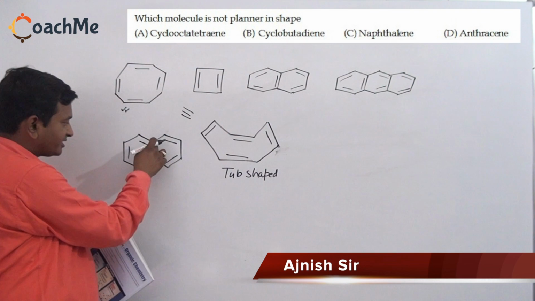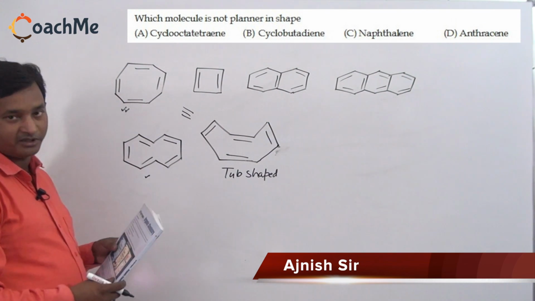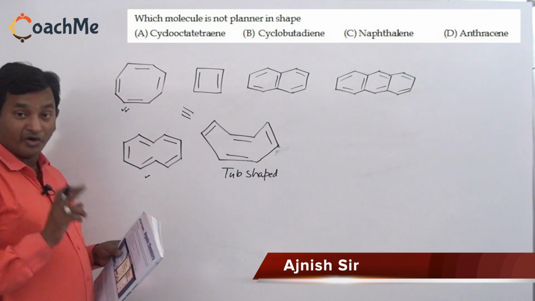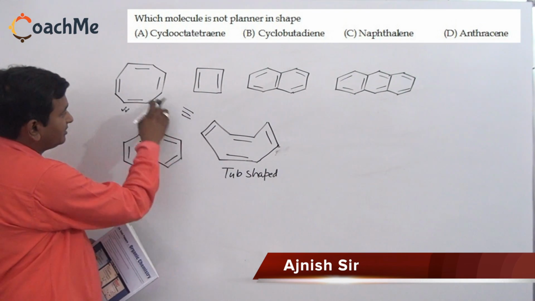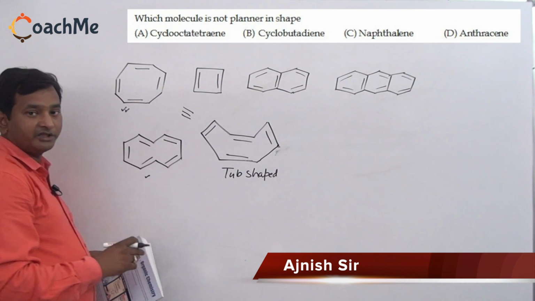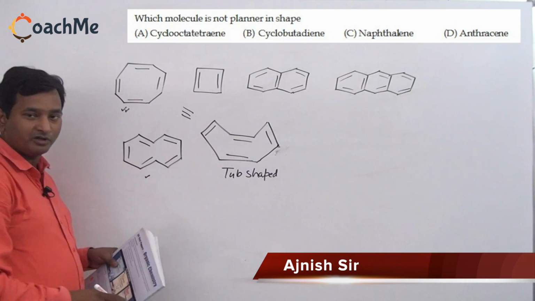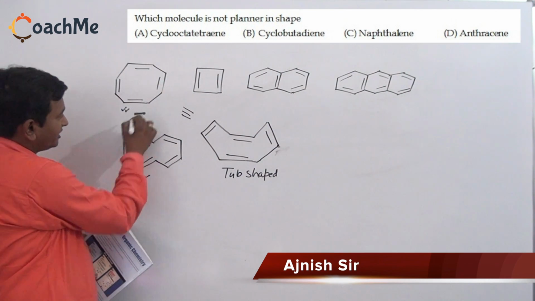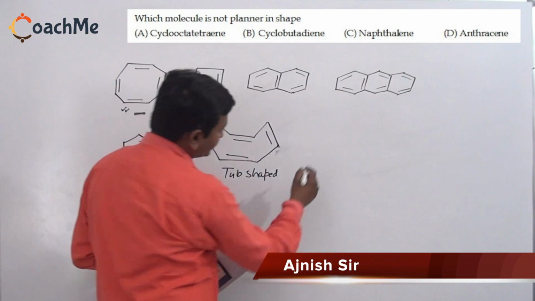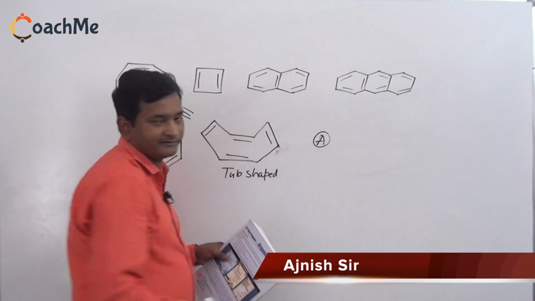The hydrogen present over this position will disturb the planarity of this molecule. So, if you know the reality of the shape of this molecule, only then will you be able to do such a question. So, according to this, as you know the structure, your answer will be A.